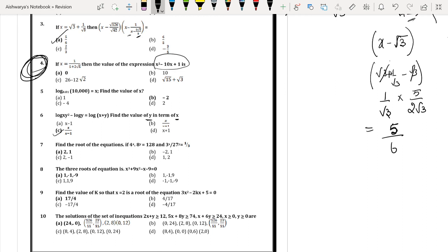Okay, now do the square of this. Square of this will become 0.01. So put that in memory.